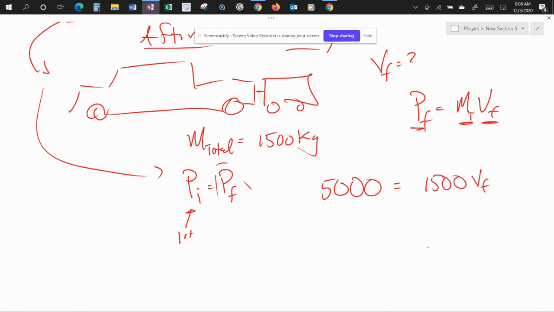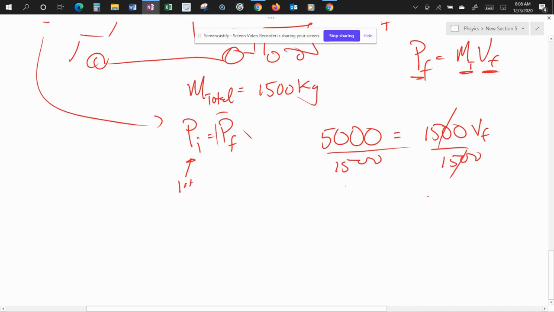So I just divide both sides by 1,500. This ends up being 5,000 over 15, so 5,000 over 15 equals VF. If we simplify this, we end up with 500 divided by 15. Whoops, nope, 500 divided by 150.